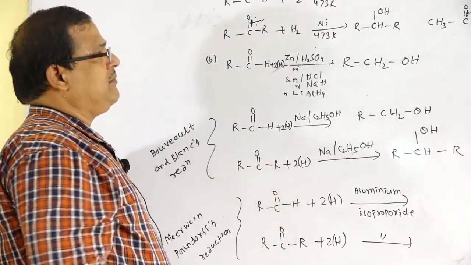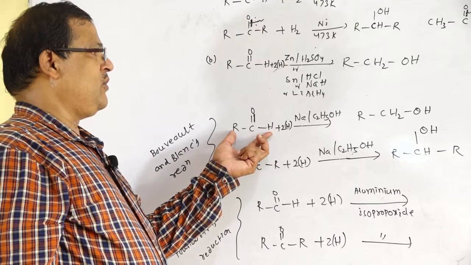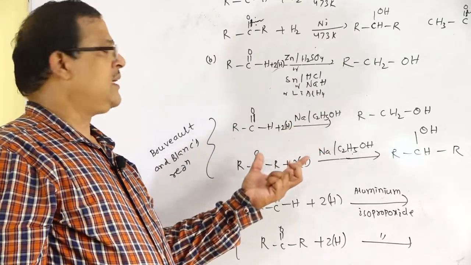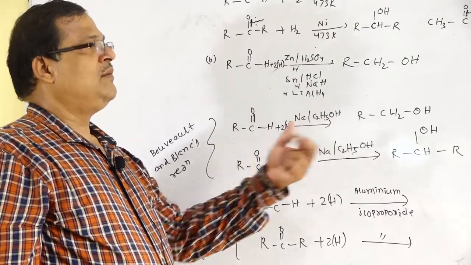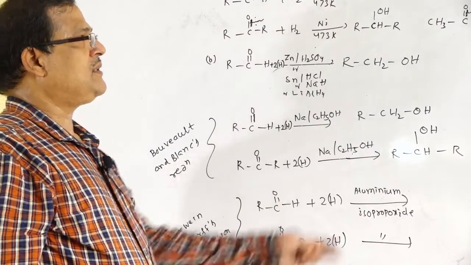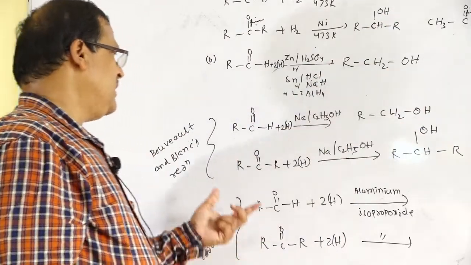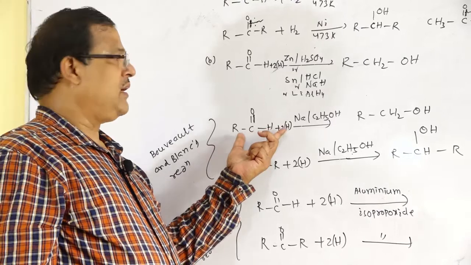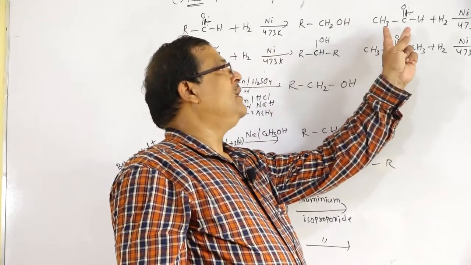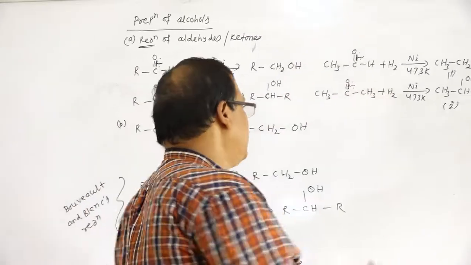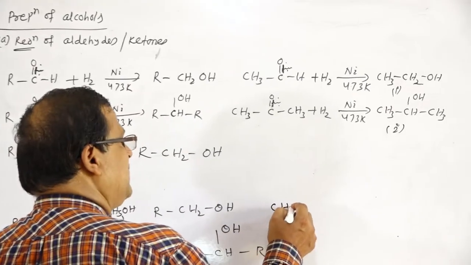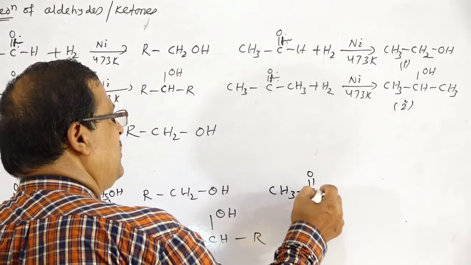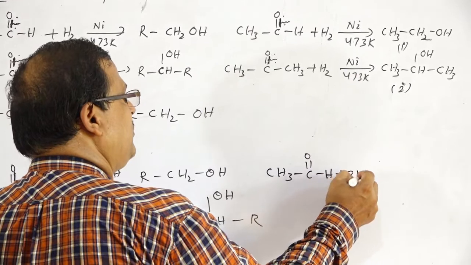If we take the same example, acetaldehyde will form ethyl alcohol and acetone will form propan-2-ol. Same type of reaction: for example CH3, C double bond O, H, that is an aldehyde, is added with hydrogen.